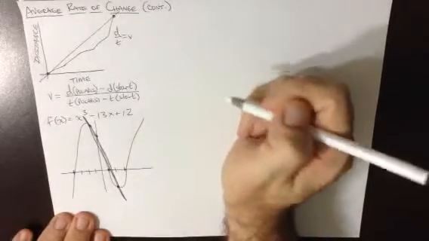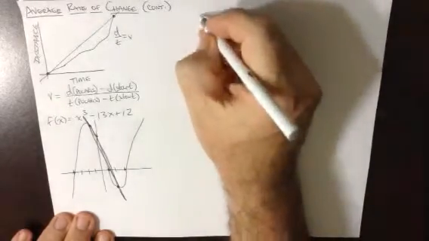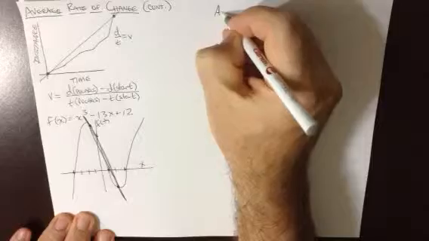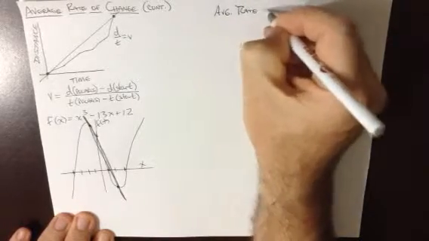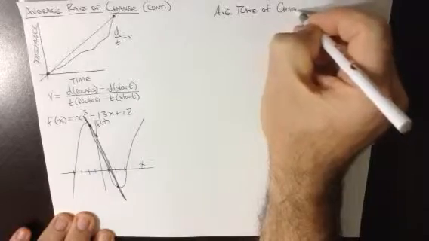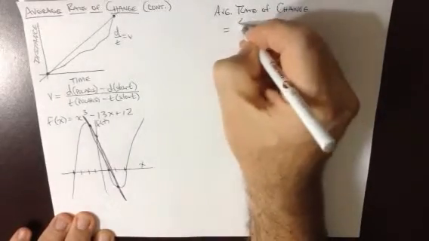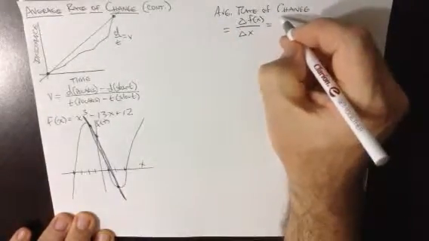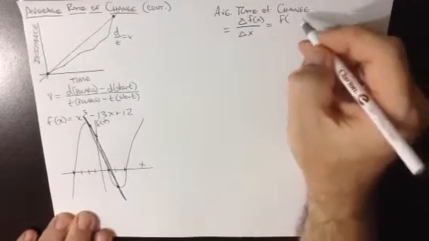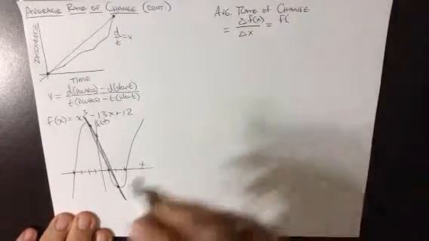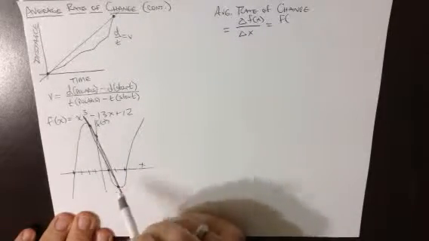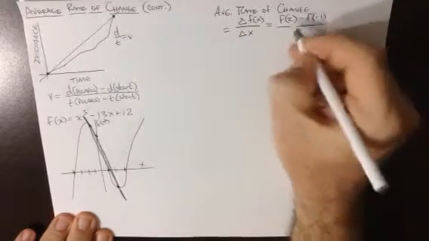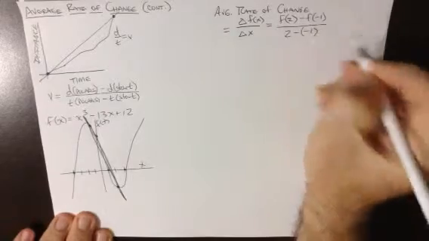So, if we want to figure out the average rate of change, that's equal to the change in the function divided by the change in x. We're going from -1 to 2, so the function at 2 minus the function at -1, divided by 2 minus -1.